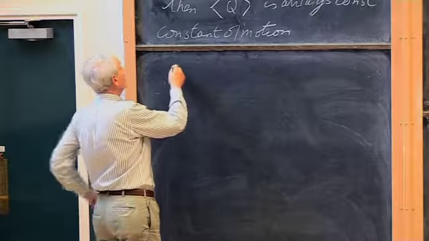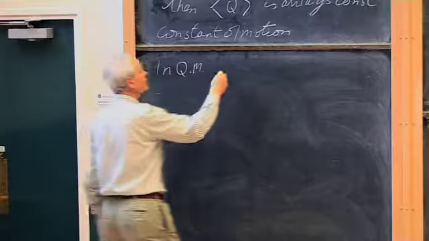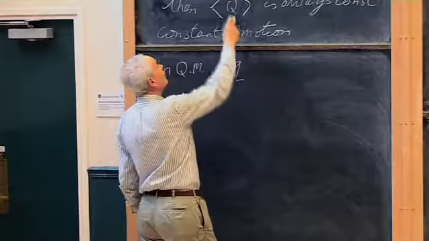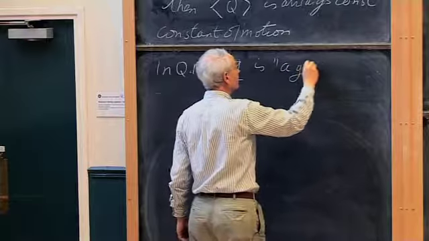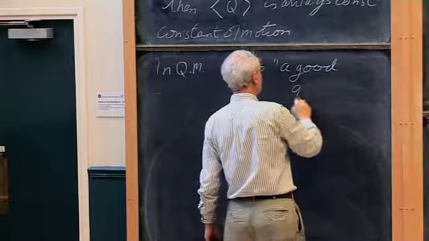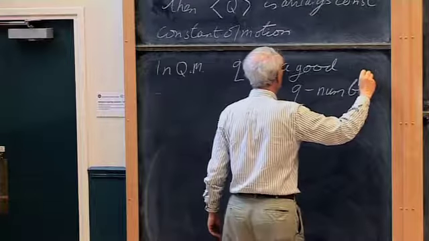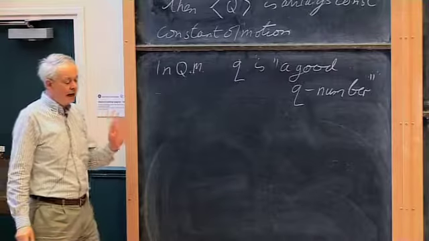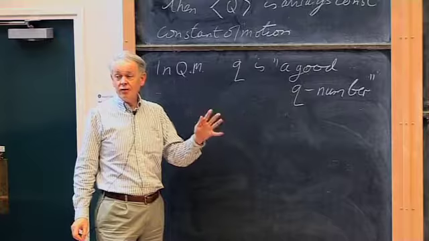In quantum mechanics, there's a special notation around here, which is to say that Q, the eigenvalue of this, is a good quantum number. So if somebody says that angular momentum is a good quantum number, they're simply saying angular momentum is a constant of the motion.